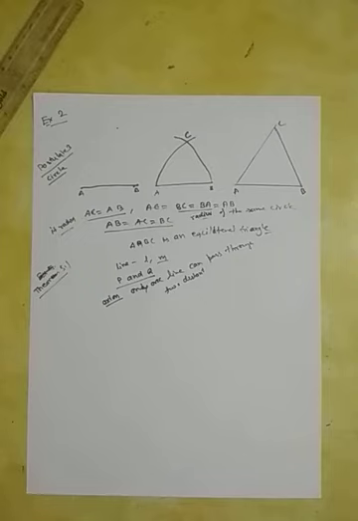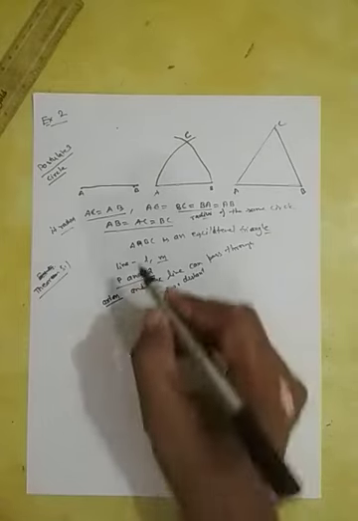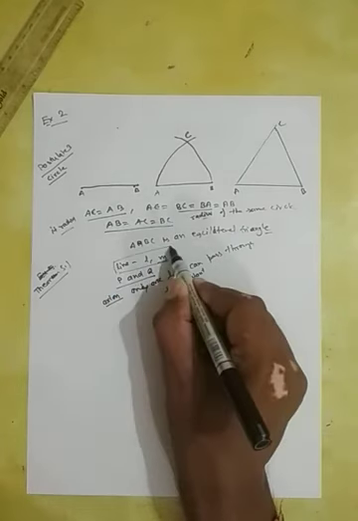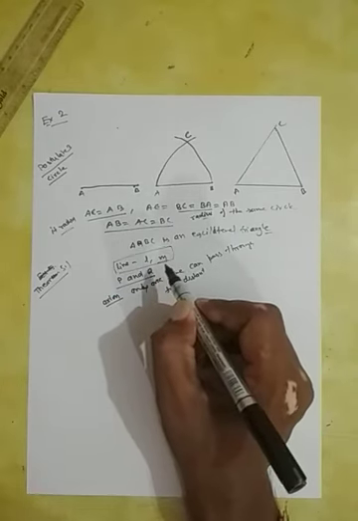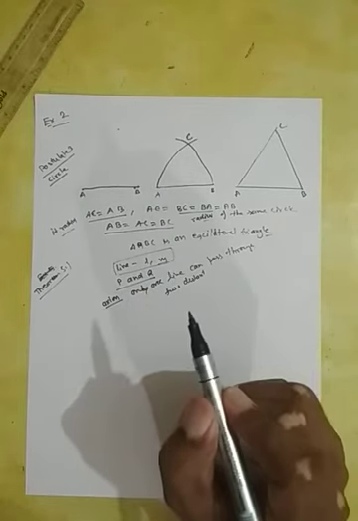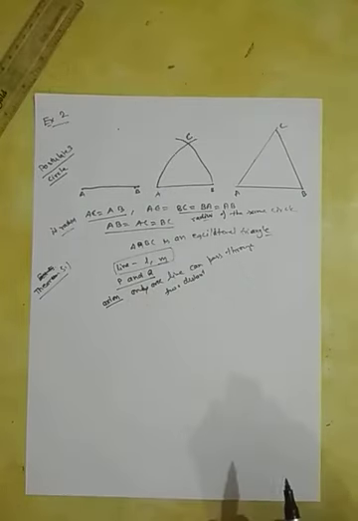Friends, for proving this, we assume that there are two lines L and M. We know that they have only one point in common.